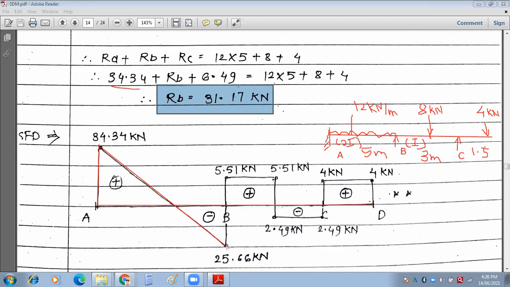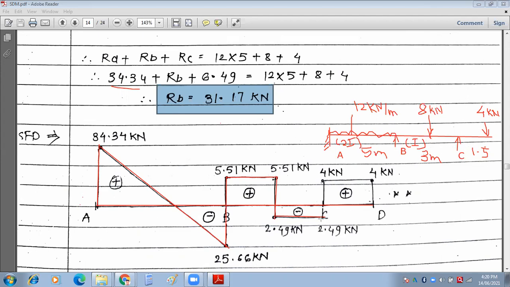Add reaction RB to this value, you will be getting this value 5.51. Again from this to this there will not be any load, therefore this value is constant. Now again there will be this 8 kilonewton point load, therefore this force goes vertically downward. The value is 2.49 and it remains constant up to the point C, because there will not be any kind of load over here.